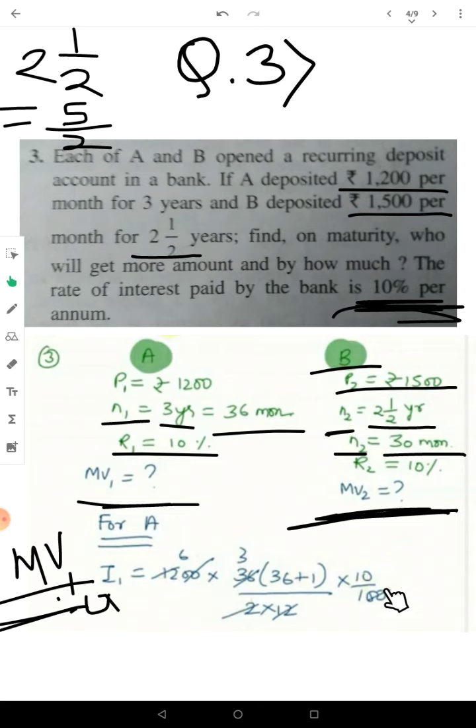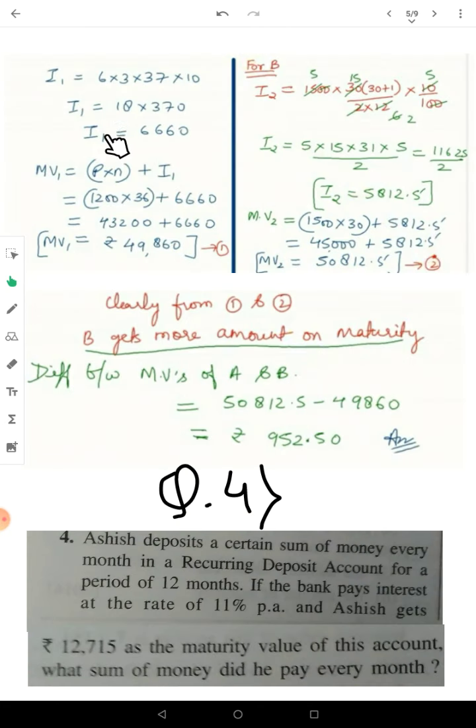See this calculation. I1 is equal to 6 into 3 into 37 into 10. So I1 will be 18 into 370, that is 6,660 rupees. Just write rupees everywhere. So MV1 will be P into N plus I1.